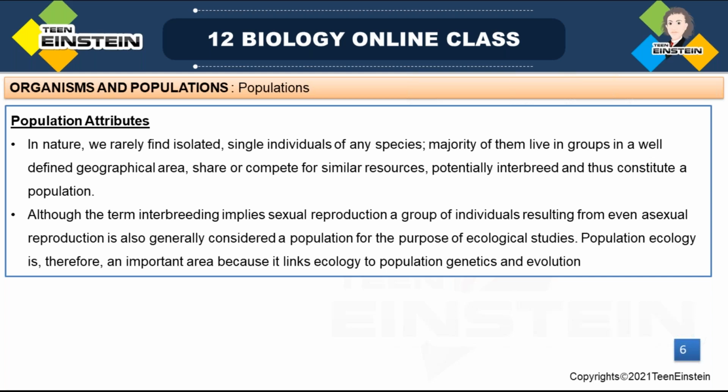Nature will select the best character in that population so that it can get adjusted to that environment and survive in it. That character will be passed on. Nature will select those characters. So that's why population ecology becomes very important in the area of study.